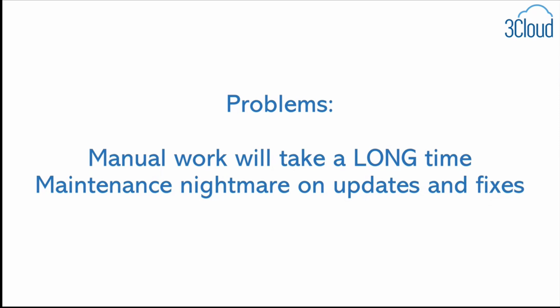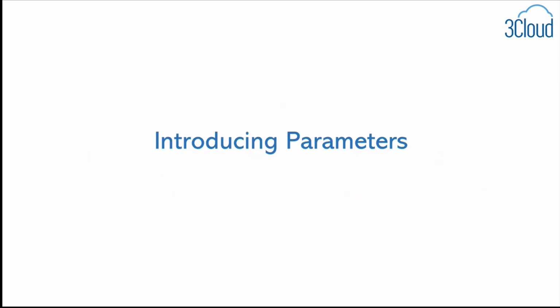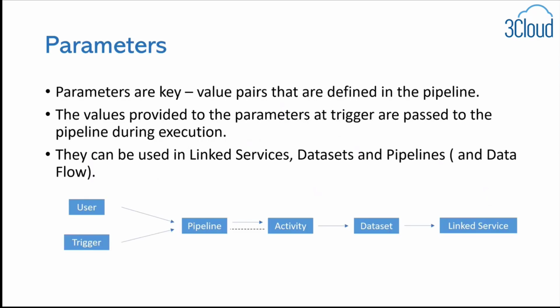So this is why it's so important for us to talk about parameters that are readily available as a function inside Data Factory. So what it is, parameters are just key value pairs that are defined in the pipeline. These values are provided to the pipelines at runtime when you click on that trigger, and it's going to prompt you to put in some values for the pipeline to run.